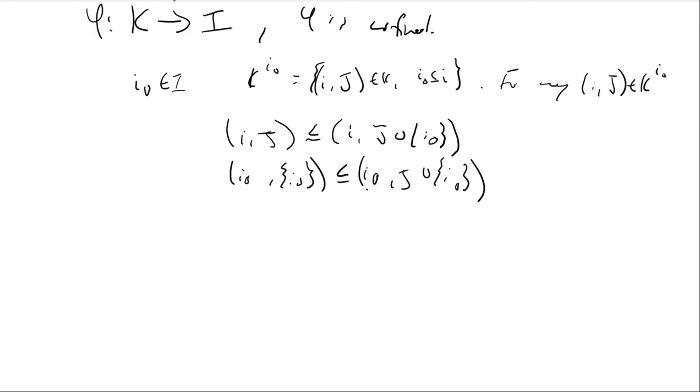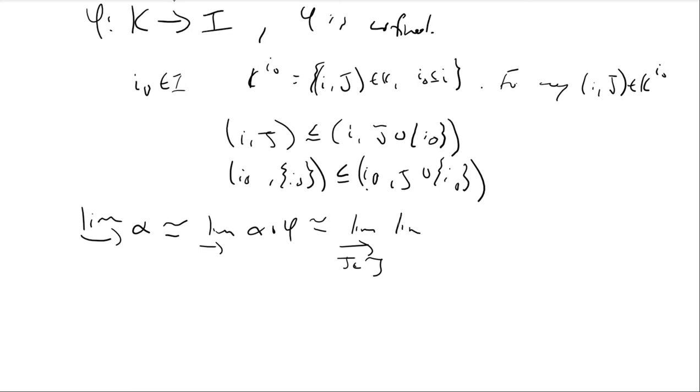So what we see is that we're interested in this limit of alpha. This is, of course, the same thing as the limit of alpha following phi. And this can be written as lim over j in fancy j, lim k in k lower j, alpha of phi k.